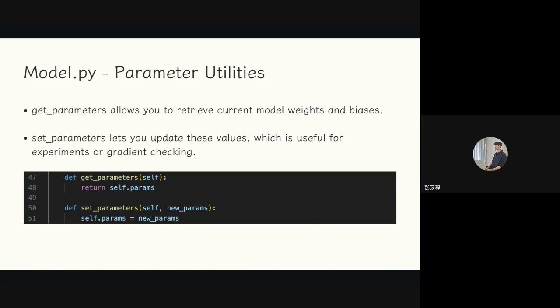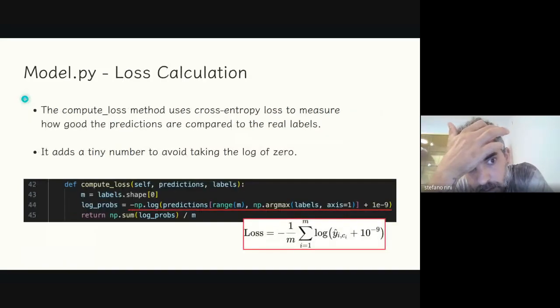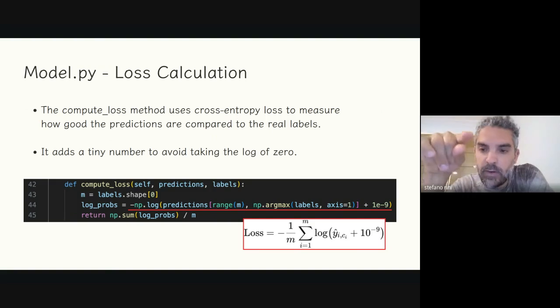So we also have two utility methods. Can you go back one slide? You are missing something here. In the loss, you don't have the true label. You only have the y hat, but you don't have the y.